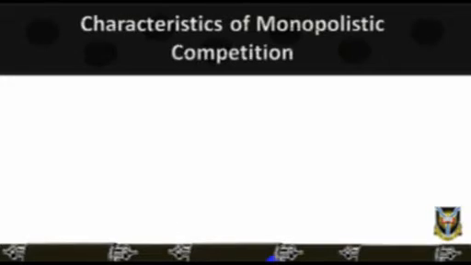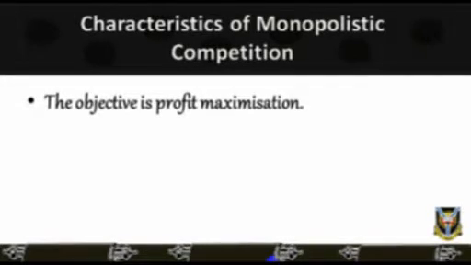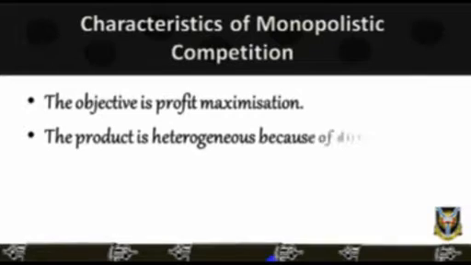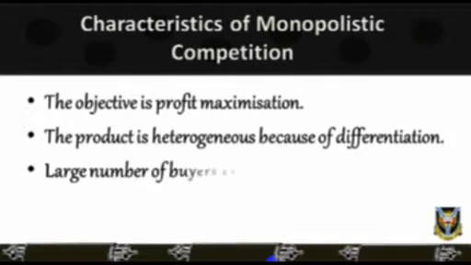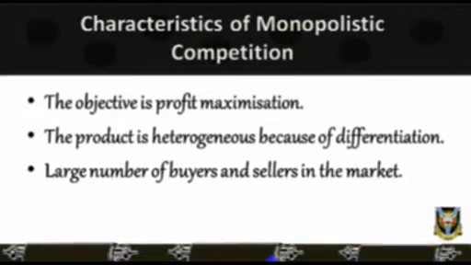Characteristics of monopolistic competition. 1. The objective is profit maximization. 2. The product is heterogeneous because of differentiation. The differentiation allows for different pricing. 3. There is a large number of buyers and sellers in the market.